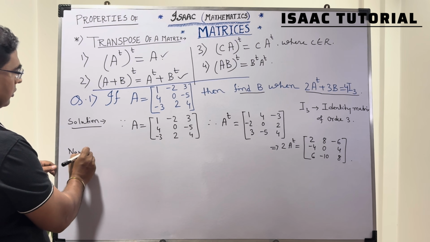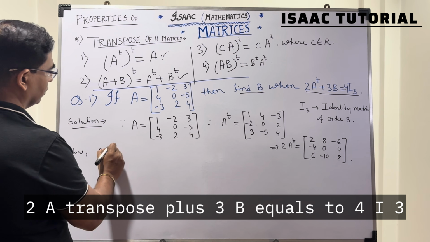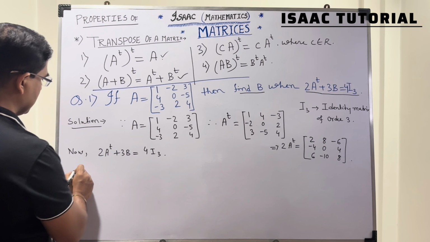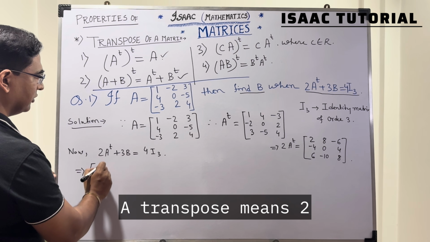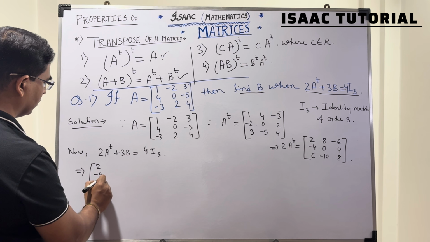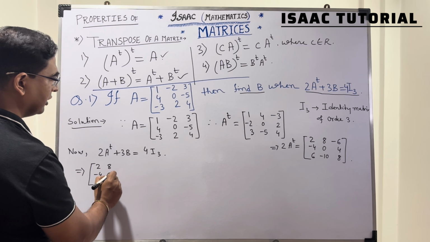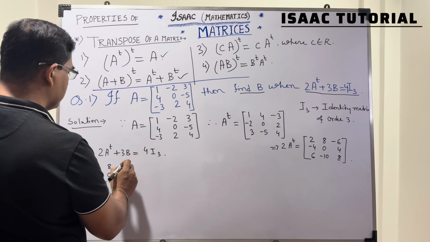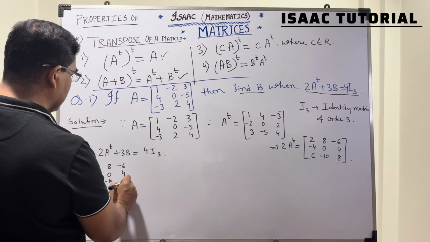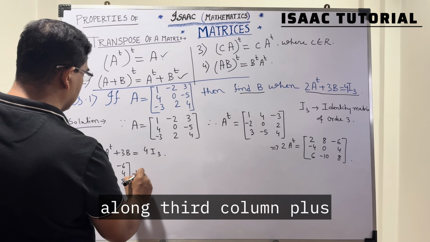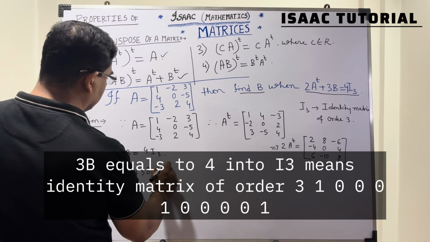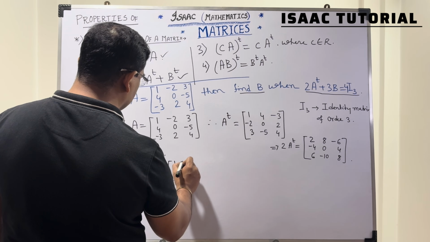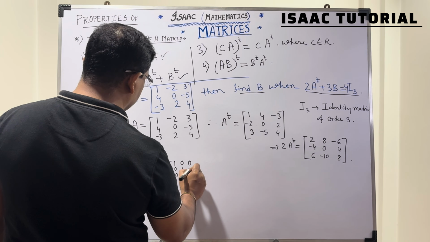Now 2A transpose plus 3B equals 4I3. This implies 2A transpose means 2 minus 4 6 along first column, 8 0 minus 10 along second column, minus 6 4 8 along third column, plus 3B equals 4 into I3, which means identity matrix of order 3: 1 0 0, 0 1 0, 0 0 1.